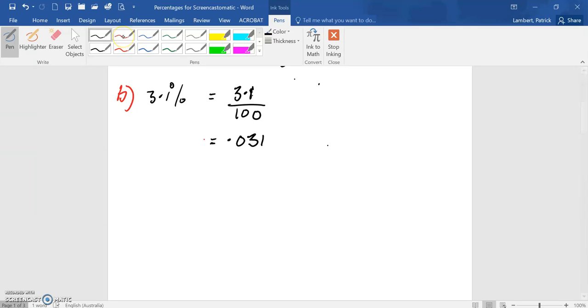Now let's have a look at an instance where it's over 100%, so part C, and it's 162% expressed as a decimal. It's exactly the same procedure. It's 162 over 100, and that's going to be 1.62.